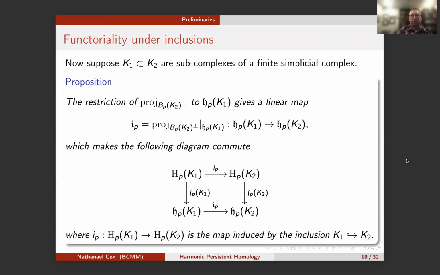And if we have subcomplexes K1 contained in K2, restriction of that projection map from the larger space onto the harmonic homology subgroup, the smaller space, gives a linear map, which we call I_p, which makes this diagram commute, where this top I_p is the map induced by inclusion on homology of K1 to K2.